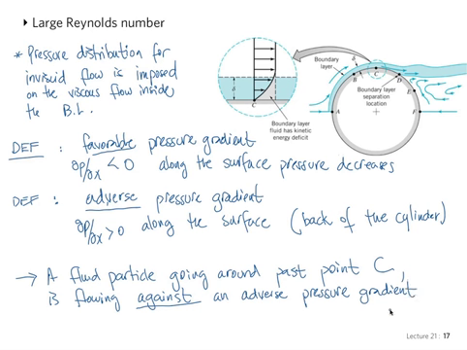It runs out of energy eventually, and it has to separate. This is called boundary layer separation. Beyond the point of separation, there's this reverse flow and the wake.